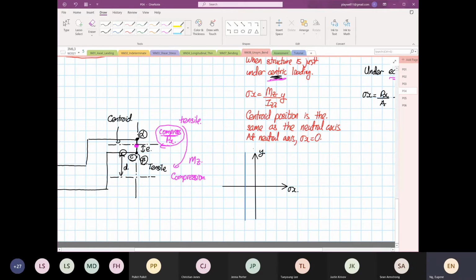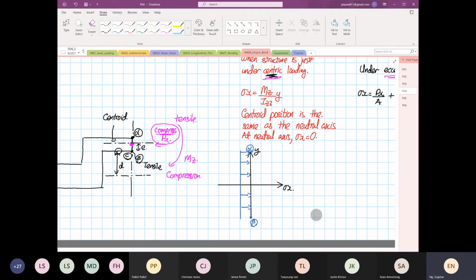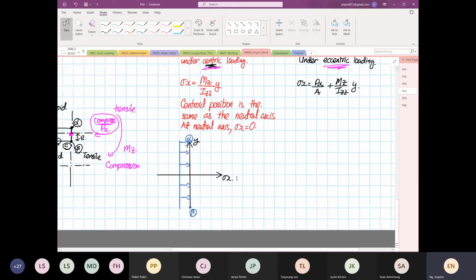Right? If this is my point alpha, over here is my point beta, it is doing a compression now. Right? So rather than it's tensile, now it's doing a compression. Right? So this is based on Px over A. That's the function, right? Straight vertical line.